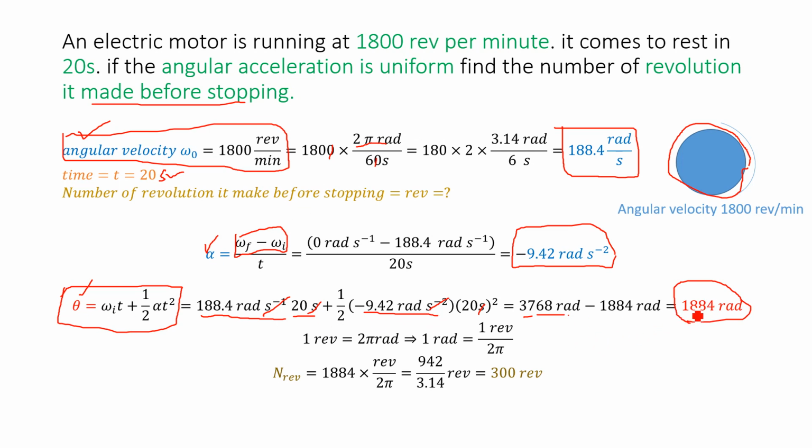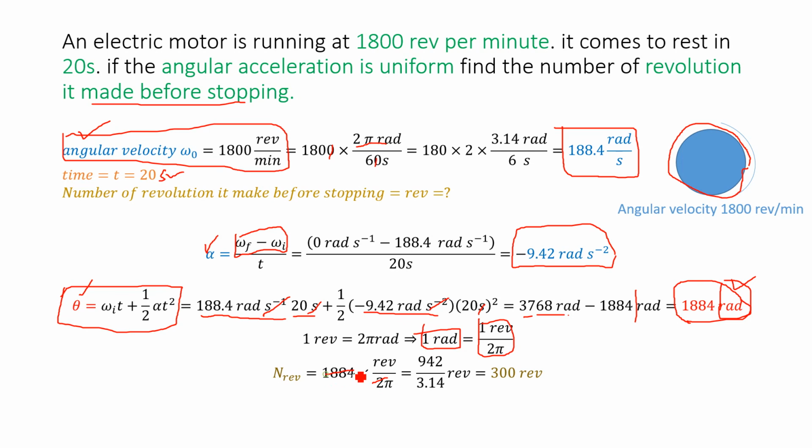Now we need to convert this value of theta from radian to revolution. We know that 1 revolution is equal to 2 pi radian, and 1 radian will be equal to 1 revolution divided by 2 pi. So we substitute radian equal to 1 over 2 pi revolution in this equation. 1884 multiplied by 1 revolution divided by 2 pi, where pi is 3.14.